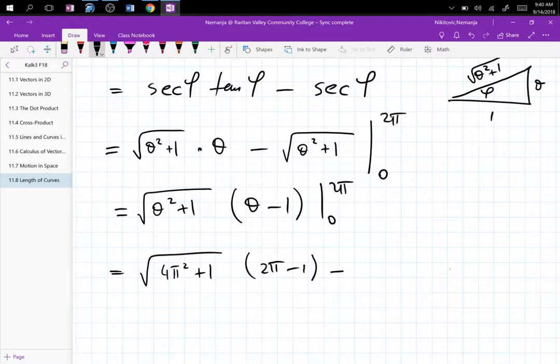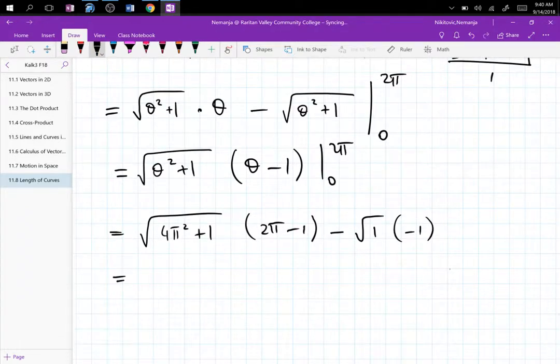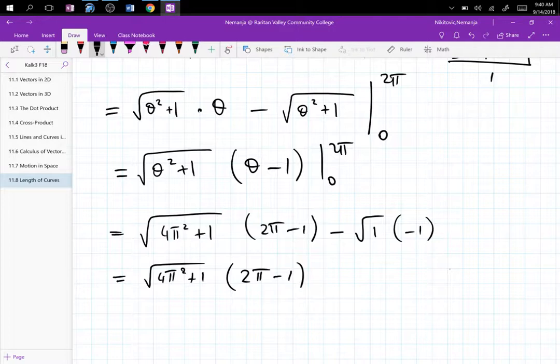Minus, then I plug in 0, which is going to be the square root of 1 times negative 1. This is the square root of 4 pi squared plus 1 times 2 pi minus 1. And finally, negative and negative gives me plus, so plus 1 at the end. This is exact. If you like the decimals, go ahead and get the decimal. Make sure you have 12-digit precision because it's very important.